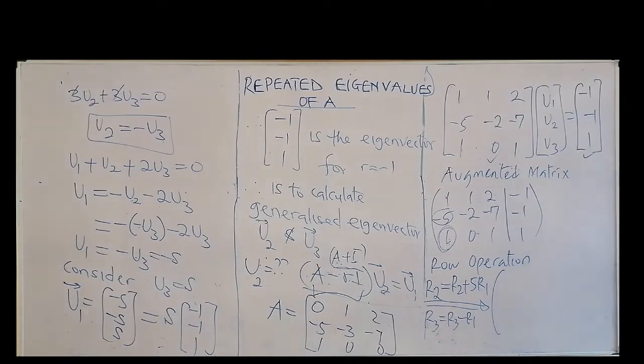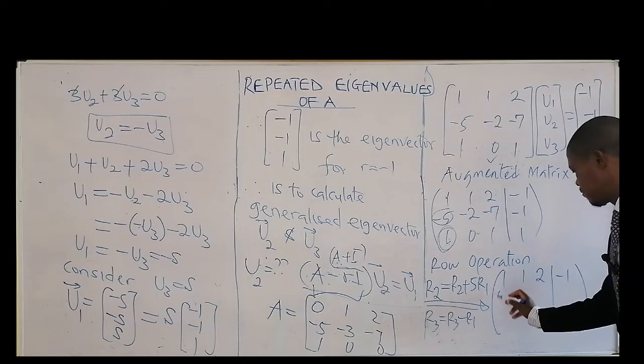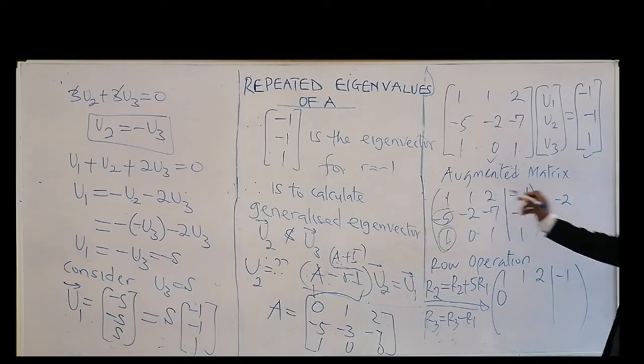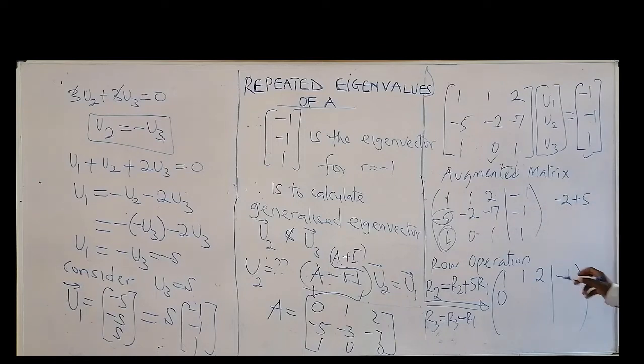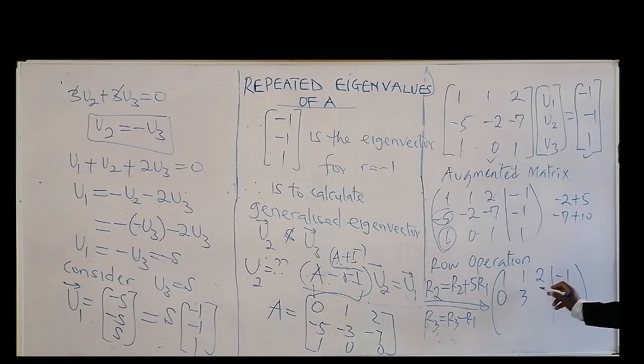So we now have row 1 as the reference, this first row is a reference point, it's not changing. So this one, minus 5 plus 5, that's 0. Minus 2 plus 5, that's 3. Here, minus 7 plus 10, that's 3.